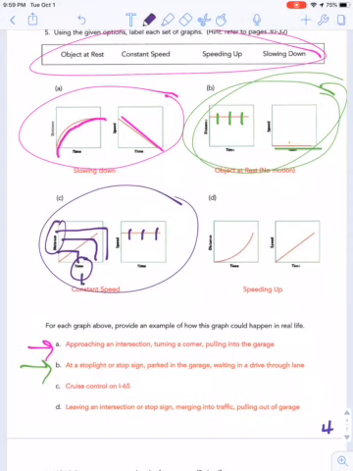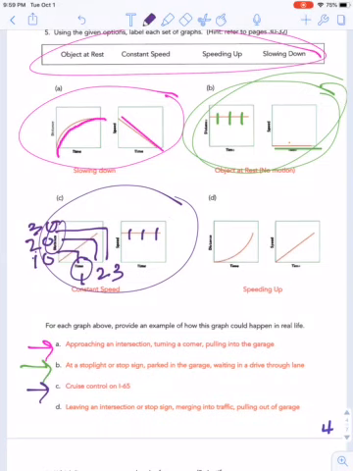Okay, 1, 10, 2, 20, 3, 30. This is just a rough example that if we were to divide distance by time, this would be 10 meters per second. 20 and 2, also 10 meters per second. 30 and 3, also 10 meters per second. This is constant speed. So any time where you are able to move without having to slow down.